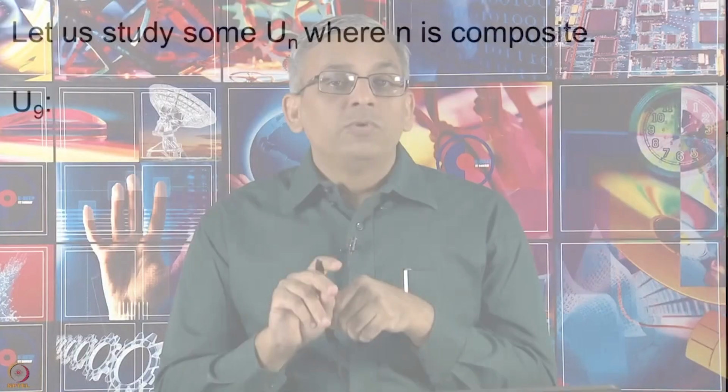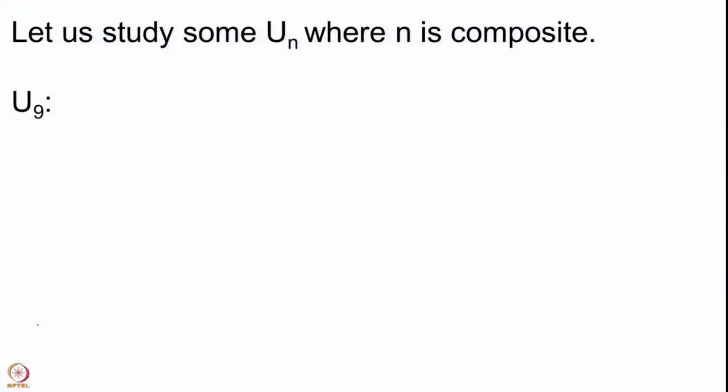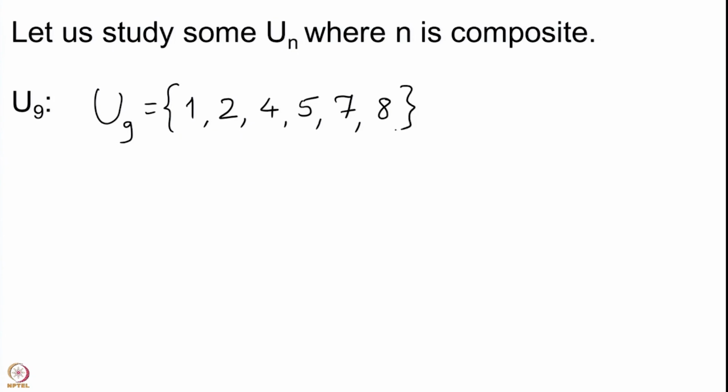U9, we of course forgot one composite number 4, but that is something that we will be looking at later. So, this is the next composite number, U9. When we write U9, we will have to be careful that no multiple of 3 should come. These are all the elements in U9. Let us try to find orders of elements in the group U9.